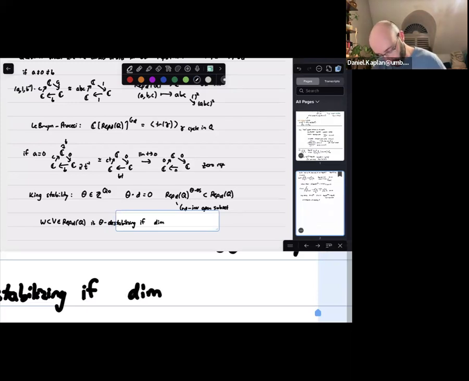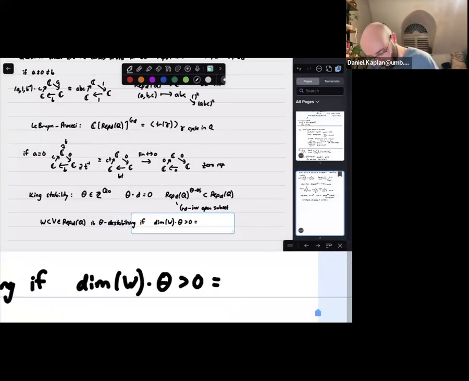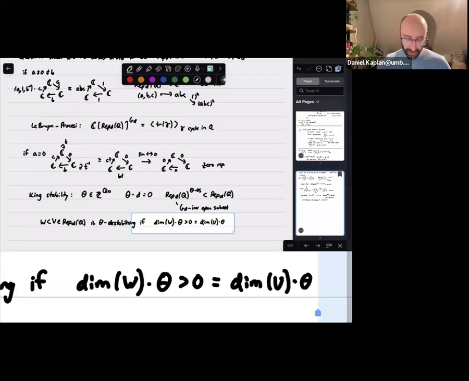You can take this vector of dimensions and dot it with theta, and if you get something greater than 0, then we'll say that this is destabilizing. And the 0 here is really the dimension of V dot theta.